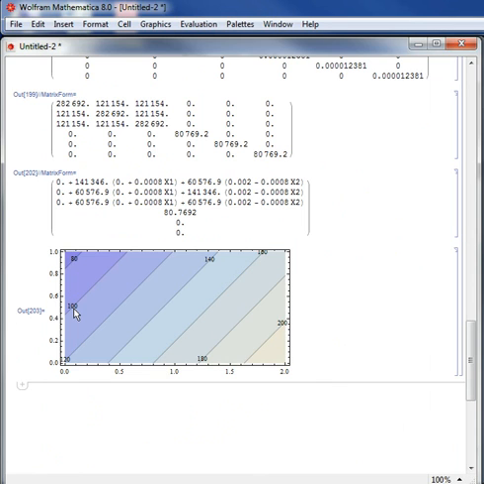At this point it's 100 MPa. At this point it's 140. Between this line and this line, it's between 120 and 140. So this gives me a measure of what the values of the stresses are throughout the plate. Right here, this is the maximum, the area of the highest stress in the plate, with a value of over 200 MPa.